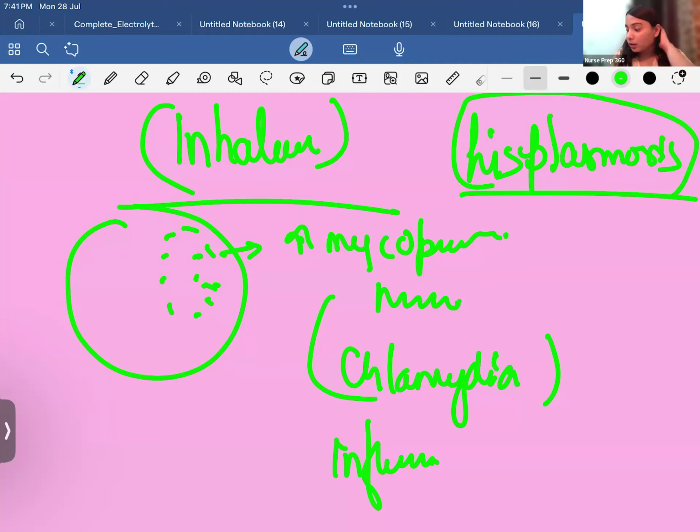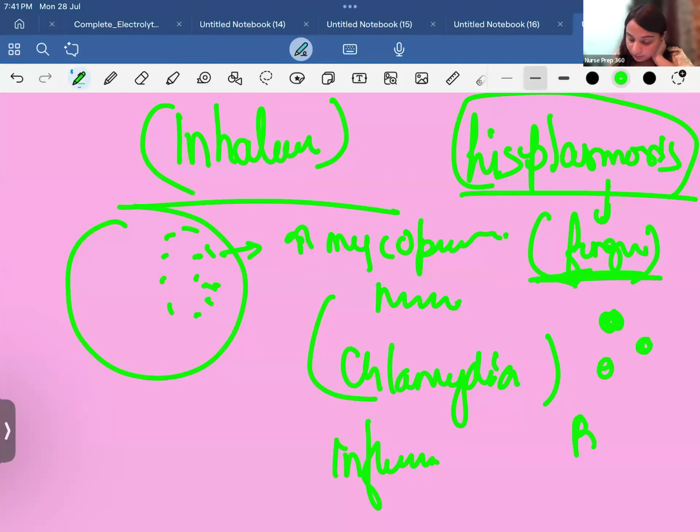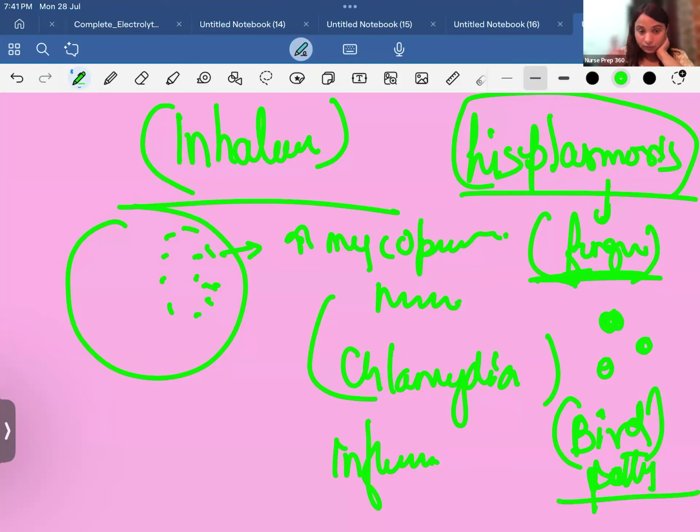Has anyone ever heard of it? Histoplasmosis is a kind of fungus which usually grows in bird poop. Whenever people are working with birds, or poultry farming, poultry does not mean a piece of paper or poem.